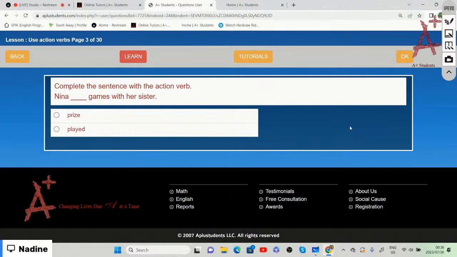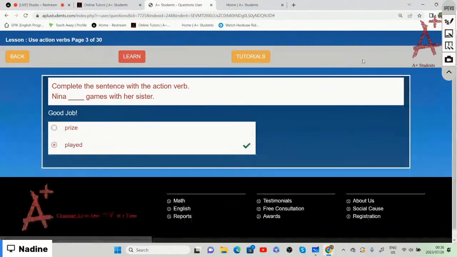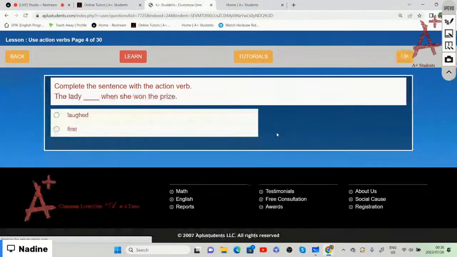If we choose the correct action verb, then we can say Nina played, right? Because played tells us what Nina did. Prize just does not make sense within that sentence.